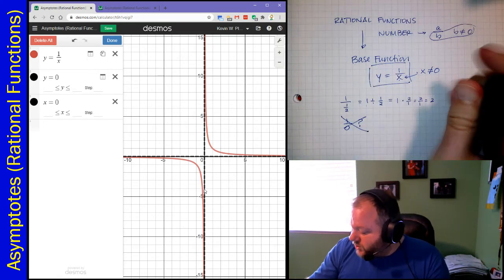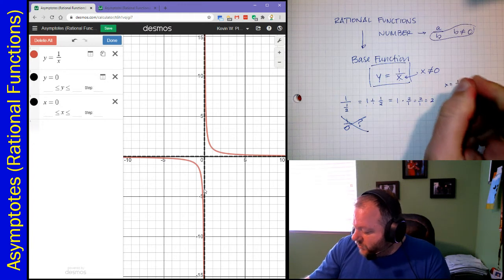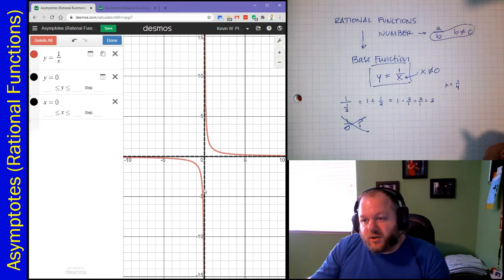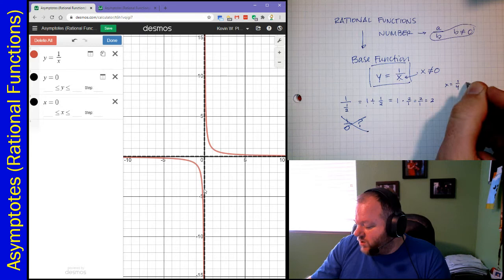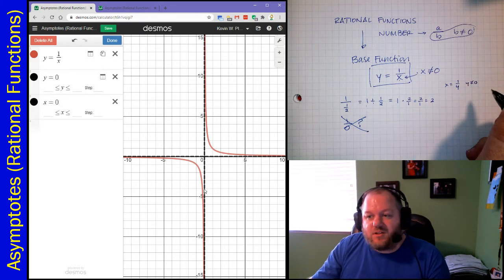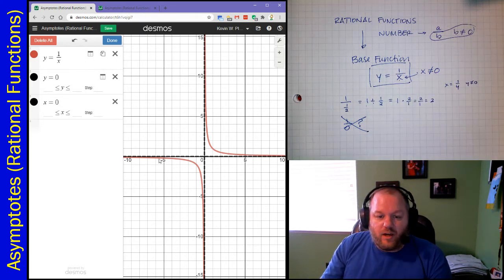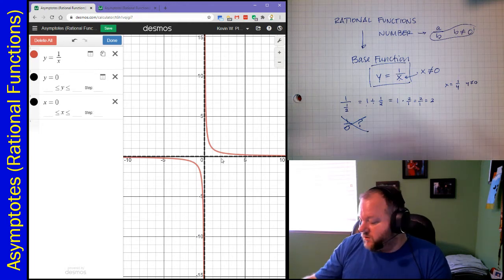Well, Mr. Pledger, couldn't you say that if we use our multiplication properties, x equals 1 over y, couldn't you say that y can't be 0 either? Yes. The answer's a little more complicated than that as to why y equals 0 is an asymptote, but breaking it down, that's not a bad approximation of the reason.